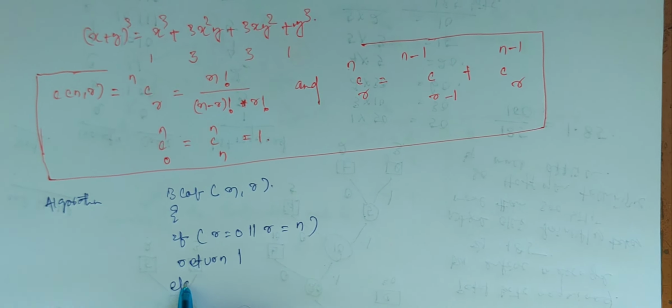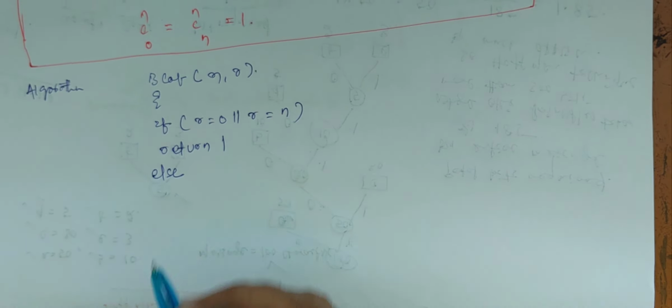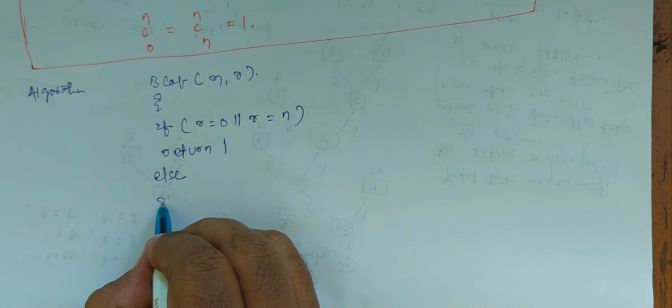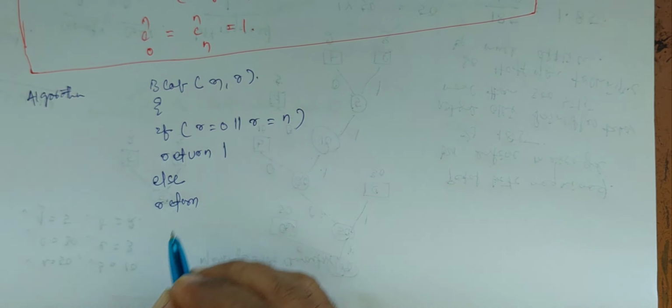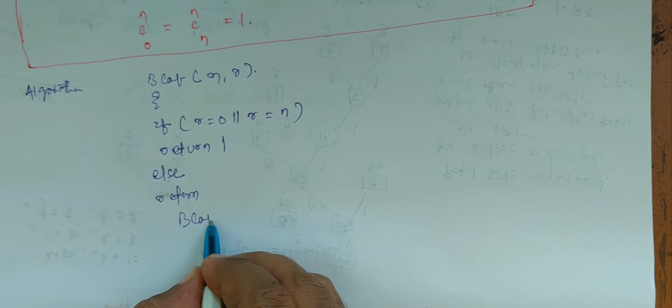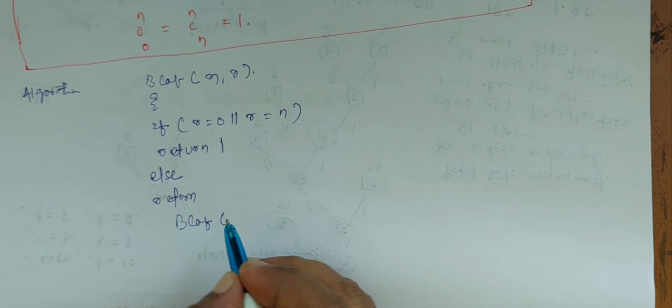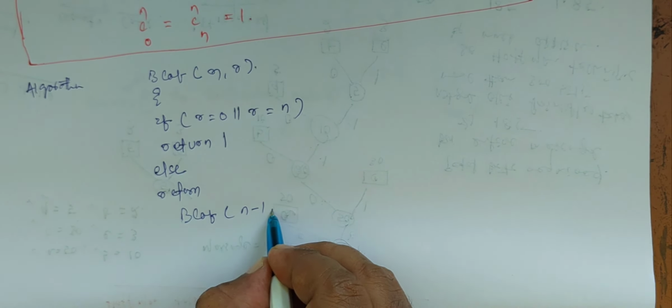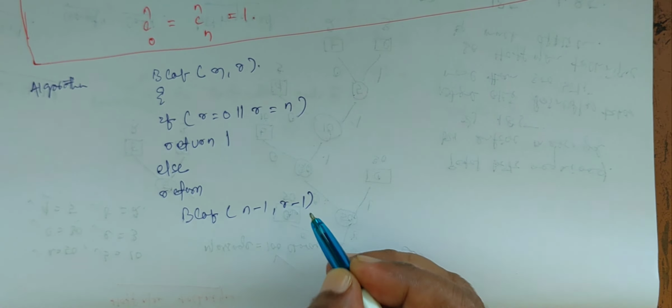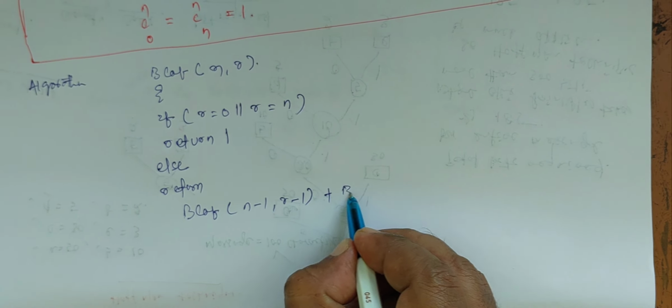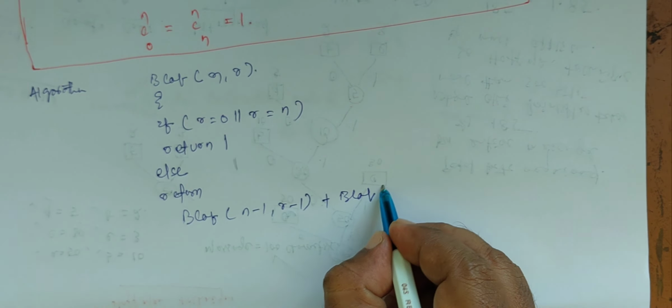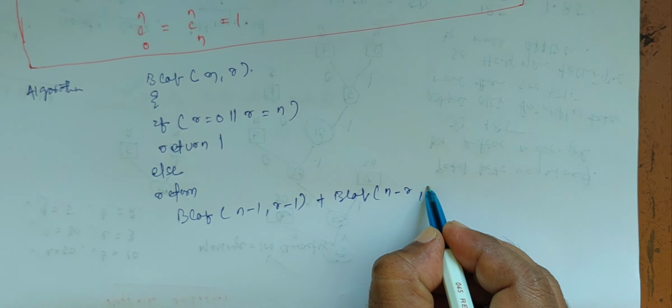Else return binomial coefficient of (n minus 1, r minus 1) plus binomial coefficient of (n minus 1, r).